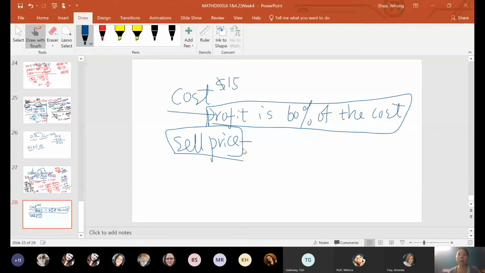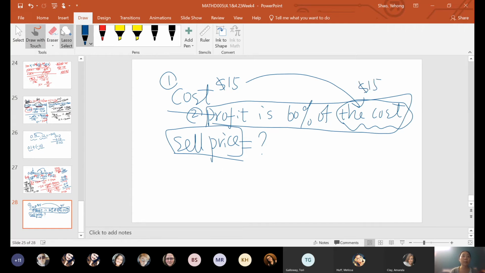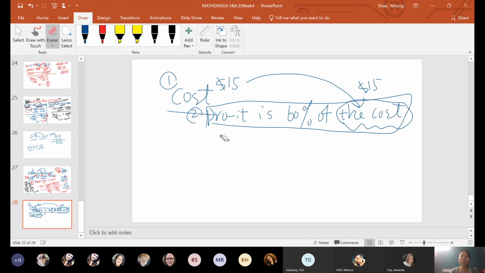So what will be the sale price? There are two things given. First of all, the cost: I bought something for $15 each, and I want to make a profit of 60% of the cost. The cost right here is what you paid, $15. And the question is the sale price. Let me move this question here, just to start with.